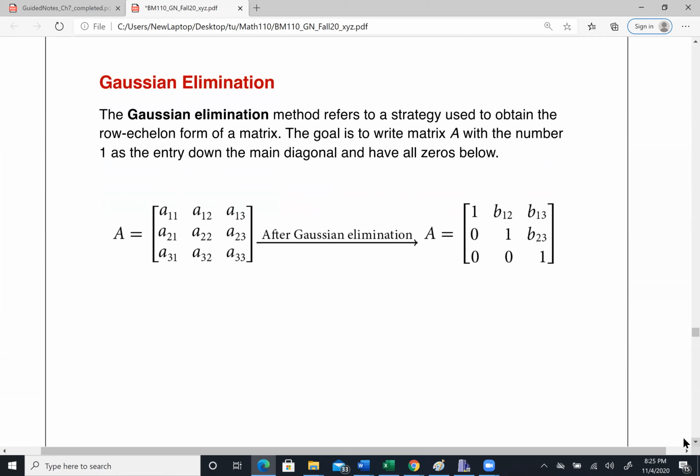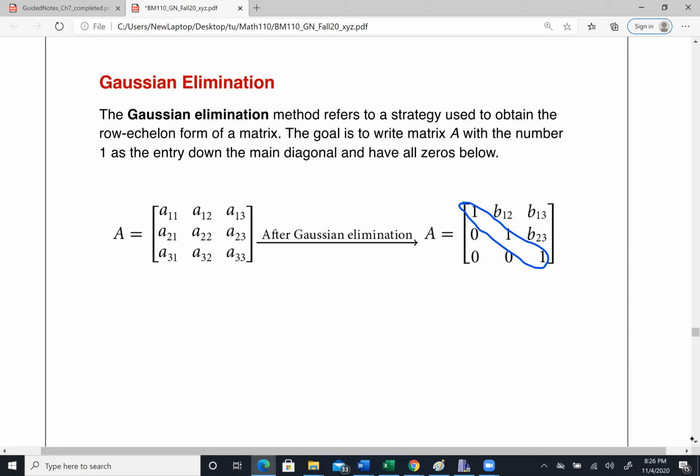Okay. We want to do Gaussian elimination. So the Gaussian elimination method refers to strategies used to obtain the row echelon form for a matrix. The goal is to write a matrix A with a number 1 as the entry down the main diagonal. So you want to have 1 in the main diagonal and have 0 below that. And that's called Gaussian elimination.